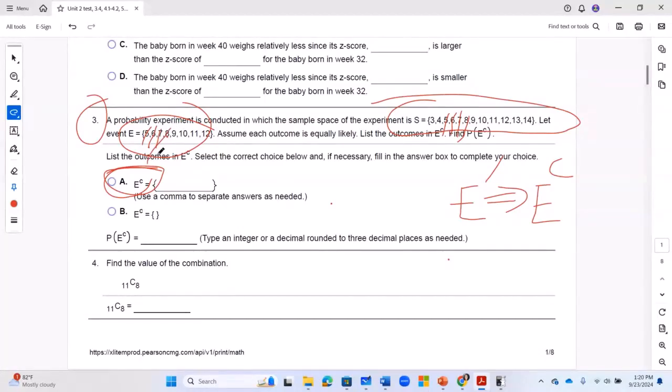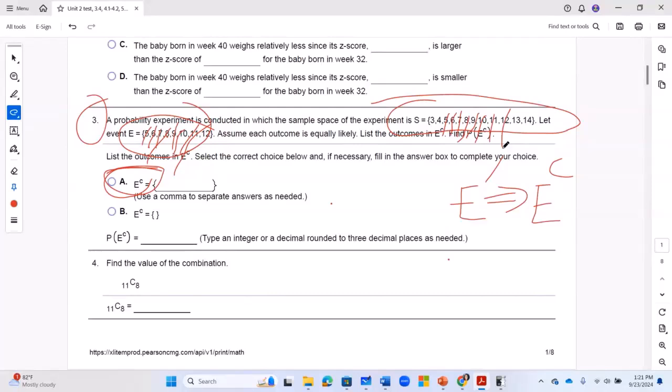I took 8 out here. 9, I'll take 9. 10 is here. I'll take 10 out here, take 10 out there. I'm doing it like those in elementary school, but that's okay. Whatever you can do to make sure you conquer a problem. So what is the E complement?